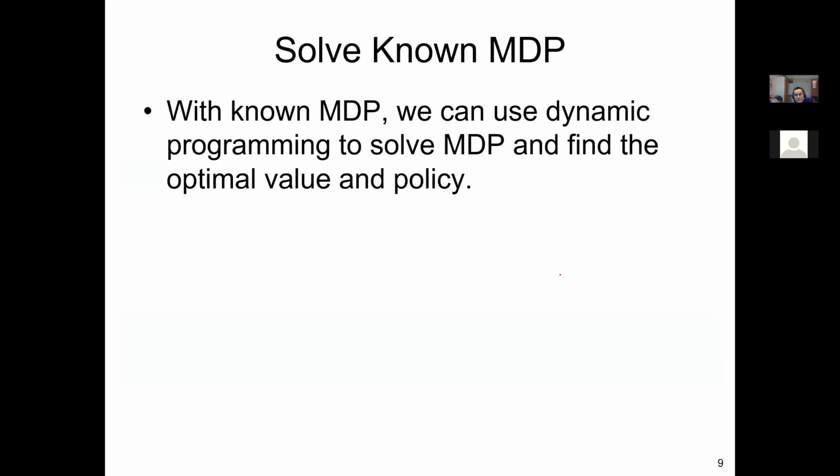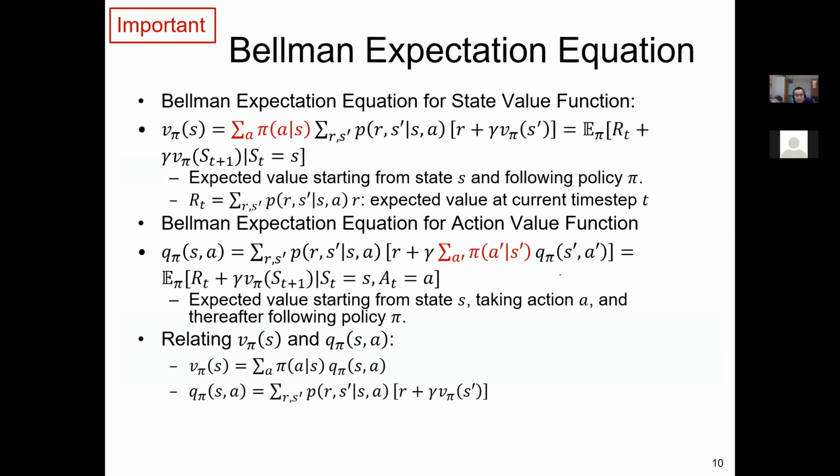So with known MDP, we can use dynamic programming to solve MDP and find the optimal value and policy. So here's the Bellman expectation equation for state value function and for action value function.